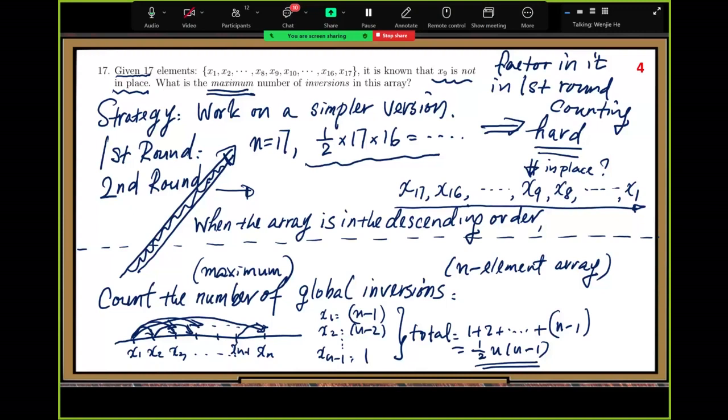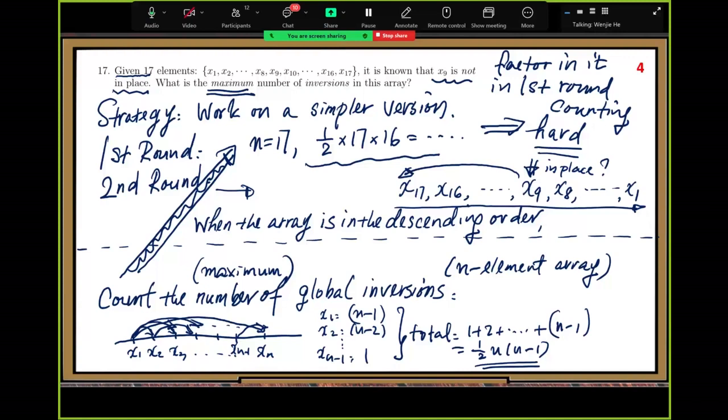We need to change a little bit, or move x9 to a different location, so you make it out of place. The question is where to move. I saw 2 or 3 students switch with the first one, the largest one.